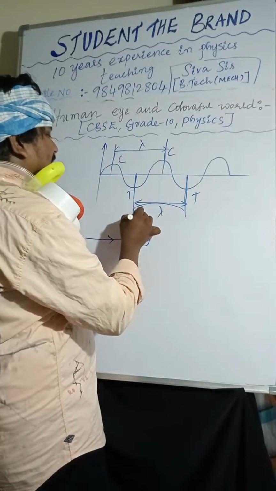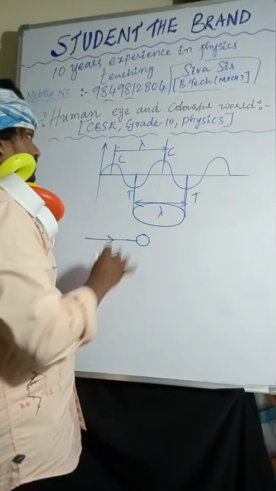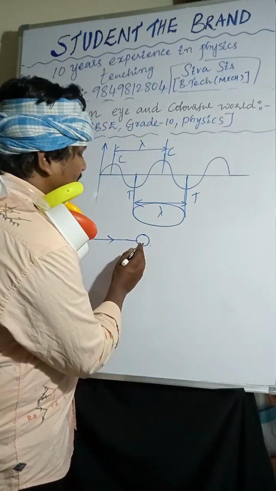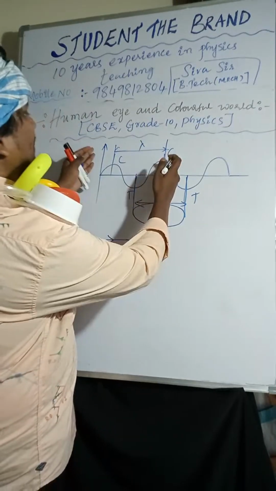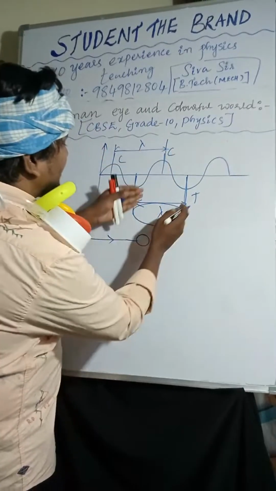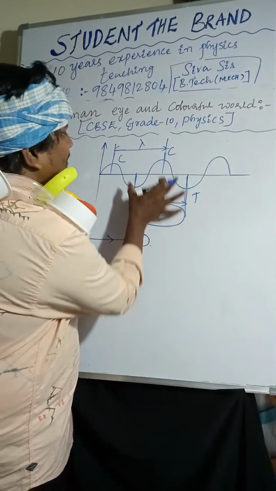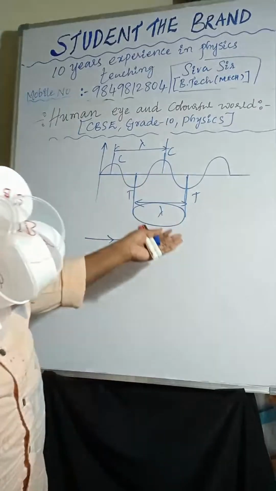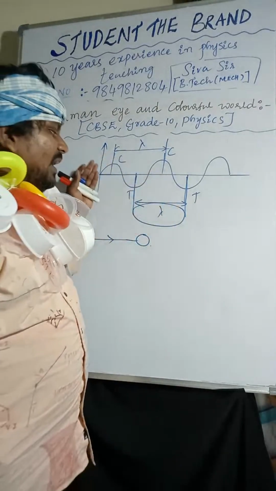if the particle size is comparable to the wavelength of the light, this is the particle, and light is incident on it. The wavelength of the light is comparable to the particle size.